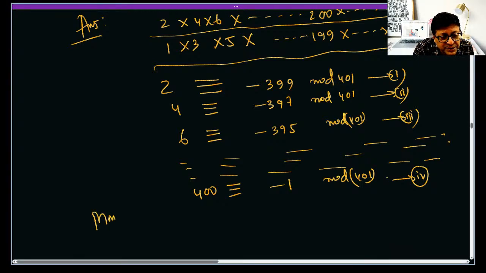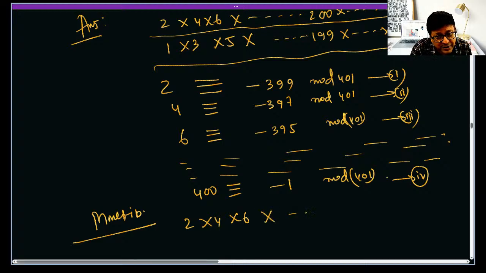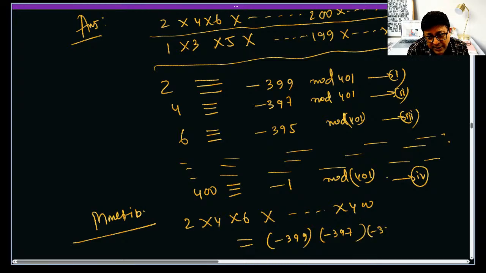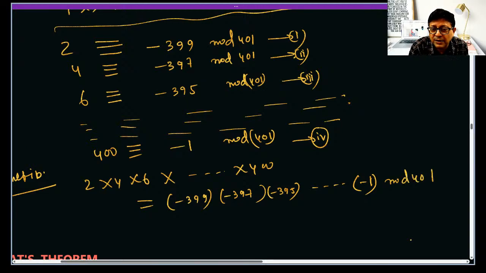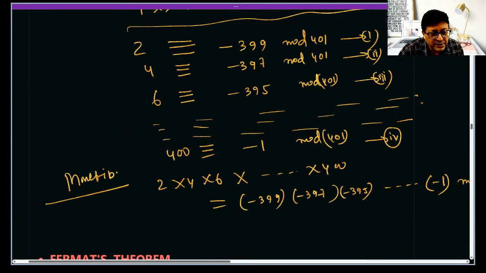So on multiplying these congruences 2, 4, 6 up to 400, 399, 397, 395, and minus 1 mod 401, isn't it? Is that clear?